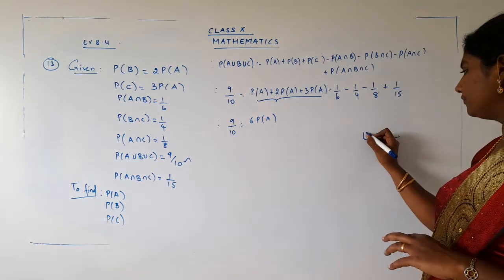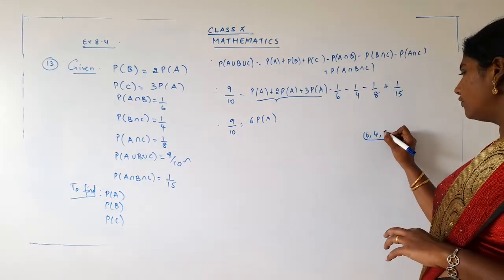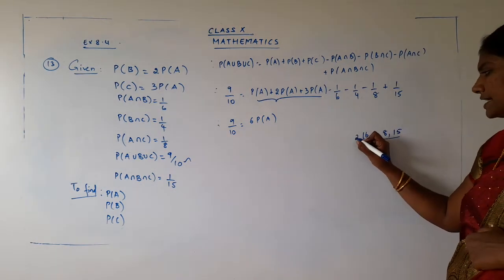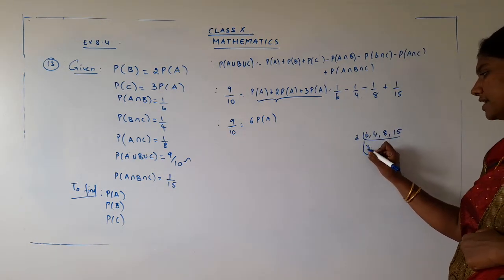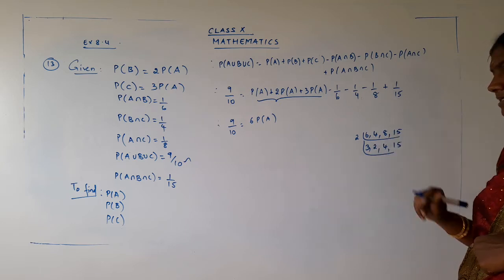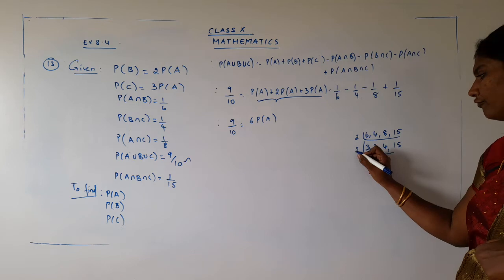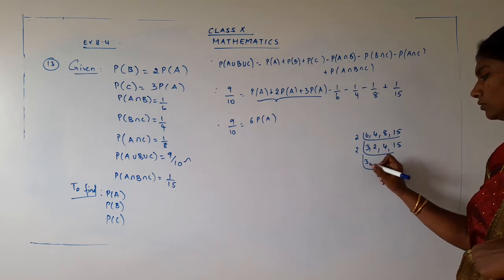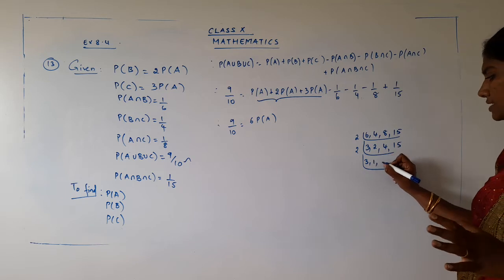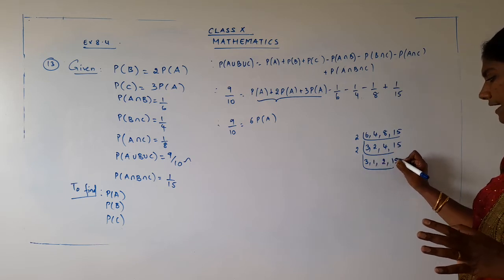You see here, we have to find the LCM for 6, 4, 8, 15. I'll start with the table of 2. 2 3s are 6, 2 2s are 4, 2 4s are 8, and 15 stays as it is. Again, I'll take 2: 3 stays as it is, 2 1s are 2, 2 2s are 4, and I write 15.